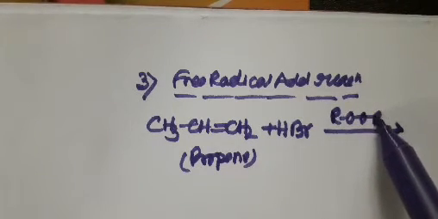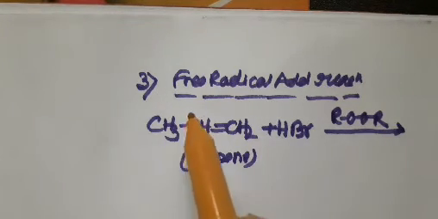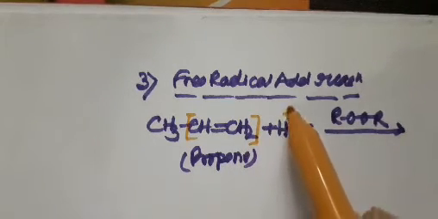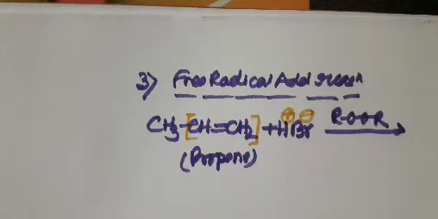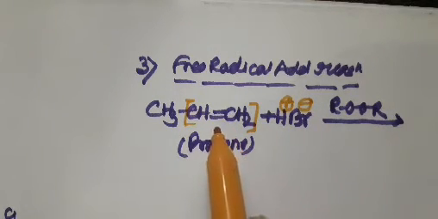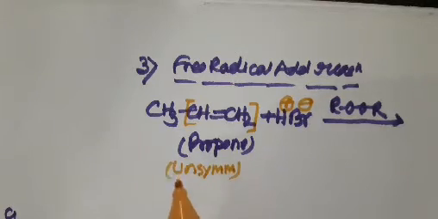This reagent is also unsymmetrical because its positive and negative parts are different. In case of propene, the double bonded carbon atoms consist of different numbers of hydrogen atoms. Therefore, it is unsymmetrical in nature.